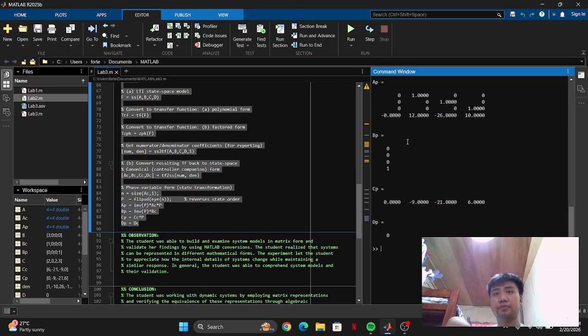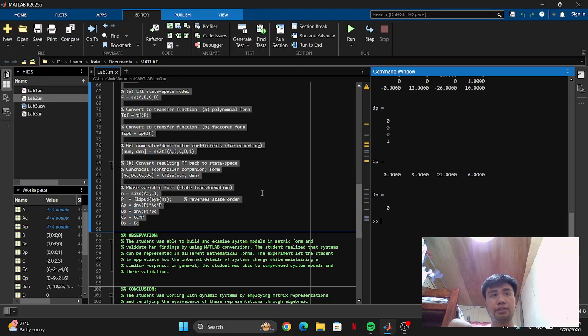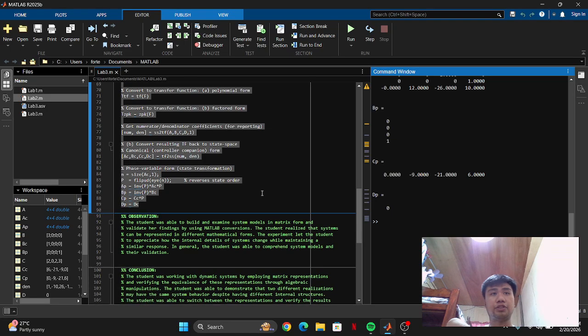Overall, in this laboratory activity, I demonstrated how to represent systems using state space matrices and how to convert them between state space and transfer function forms in MATLAB. I verified that different realizations, such as canonical and phase variable forms, may have different internal structures, but they produce the same system behavior.